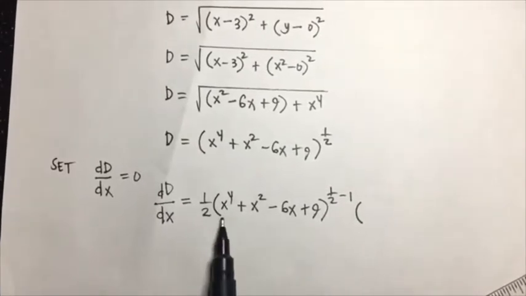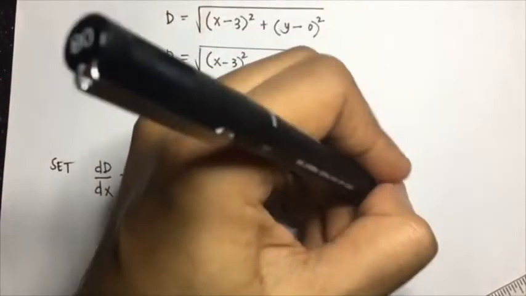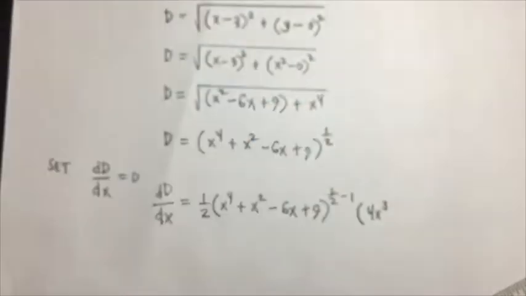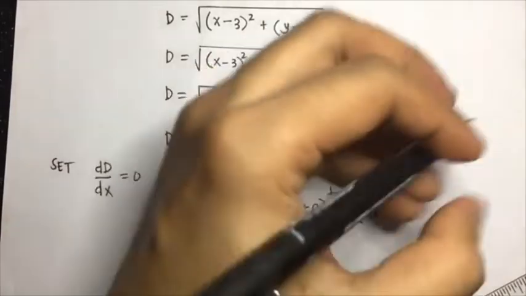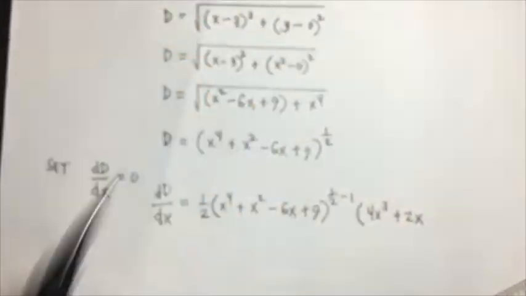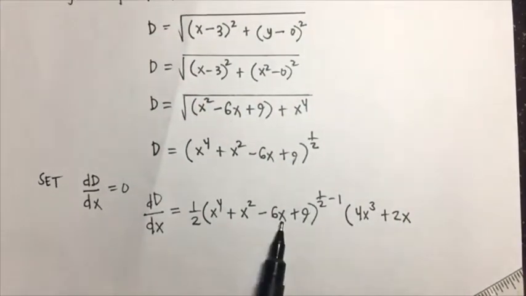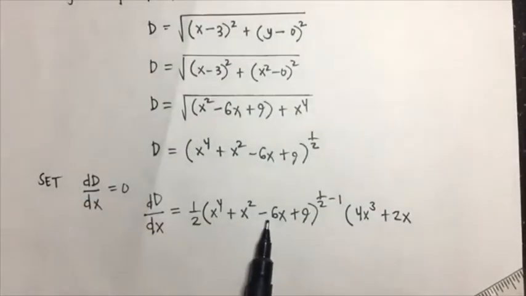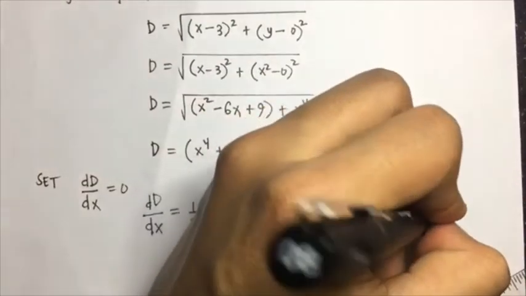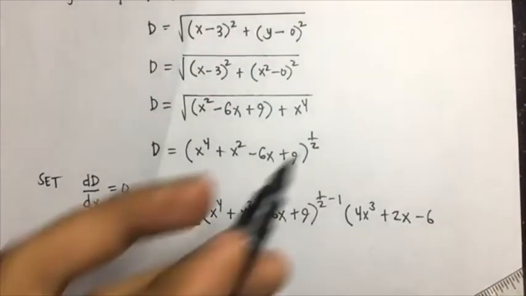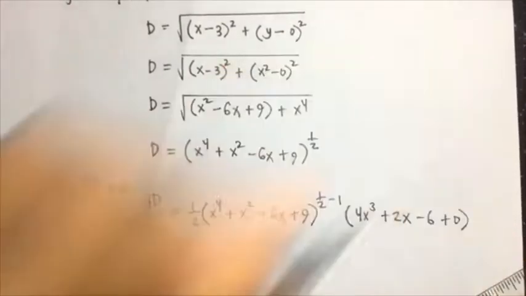The derivative of this is: derivative of x to the 4th is 4x cubed, plus 2x, minus 6, since the derivative of 6x is 6 and the derivative of constant 9 is 0.